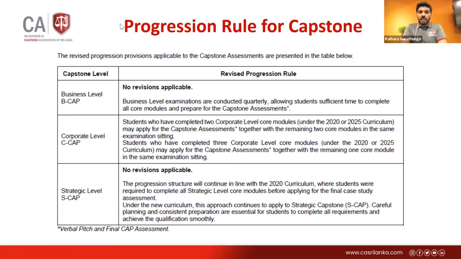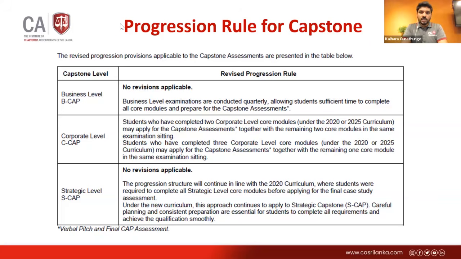Under the corporate level, as I said before, if you have already completed, let's say, two or three subjects, and you have one or two subjects remaining under the corporate level, then you can attempt the capstone verbal pitch and the final capstone assessment in parallel. But before you attempt the verbal pitch assessment, you have to complete all the power and integrity skill self-assessments.